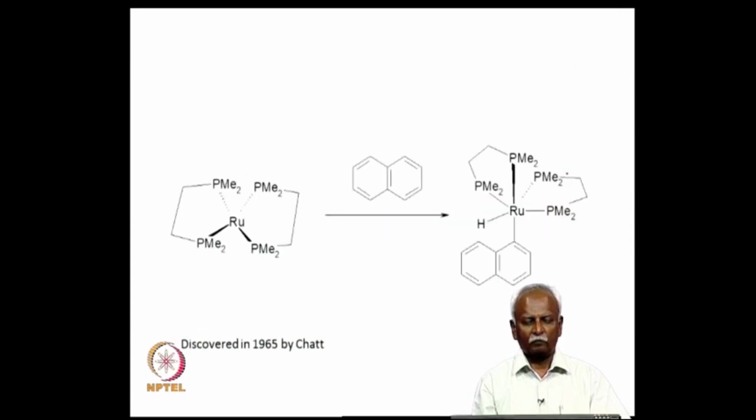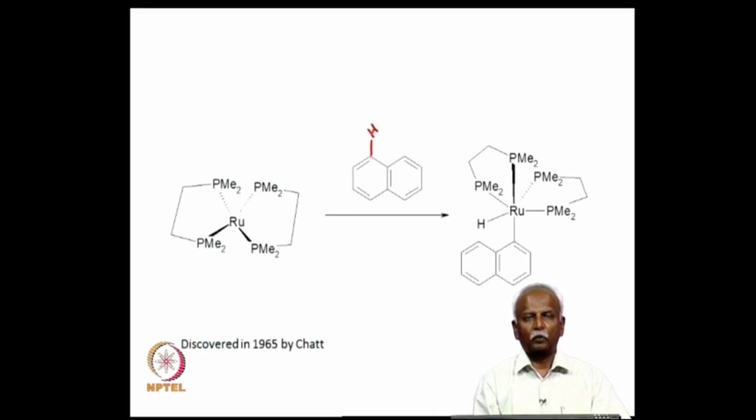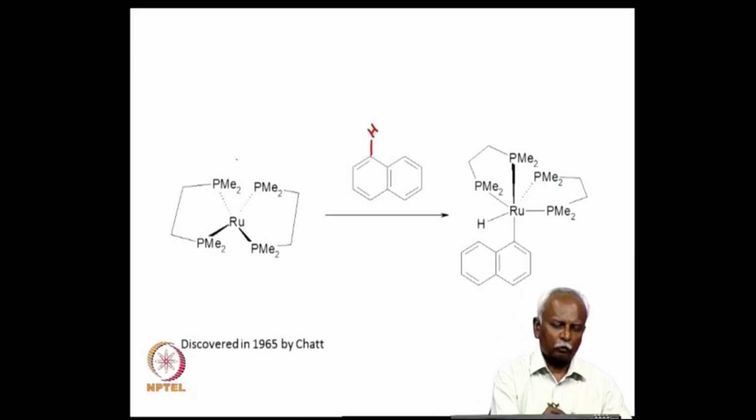and subsequently a variety of reactions have been studied where oxidative addition has been observed. Now, the more interesting and challenging reactions are those in which you have oxidative addition of very non-polar bonds. In this particular instance, I have shown you a C-H bond. You can see that this C-H bond has been oxidatively added in such a fashion that ruthenium now goes from 0 oxidation state to +2 oxidation state.